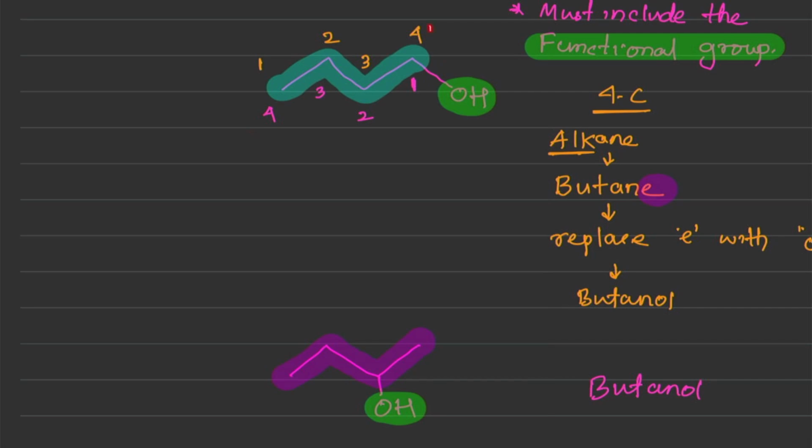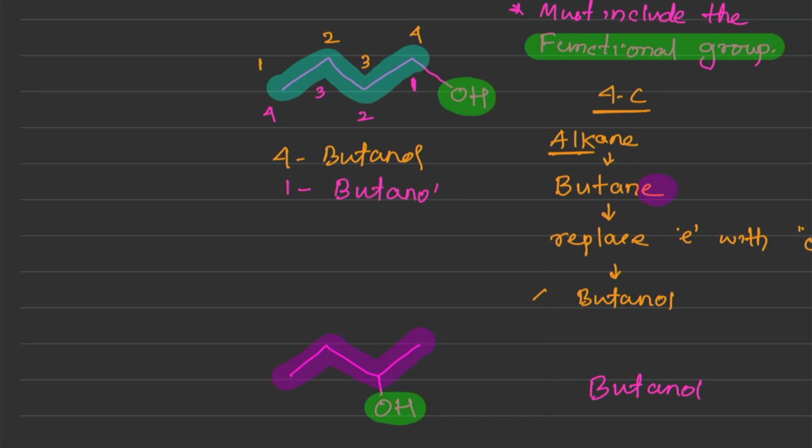In this system, our alcohol group is on location 4. So the OH group is attached to location 4, and we're going to call this 4-butanol. However, if we go the other route where our OH group is attached to carbon atom 1, we can call it 1-butanol.